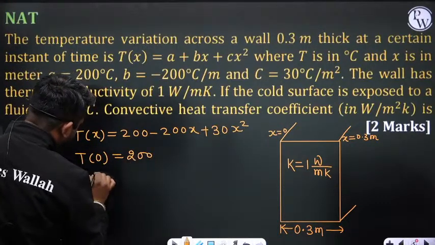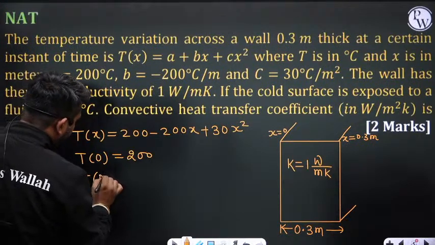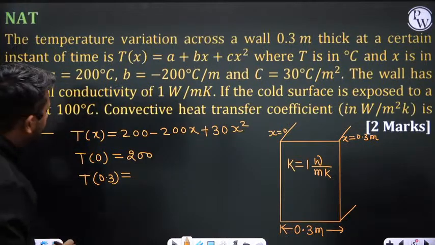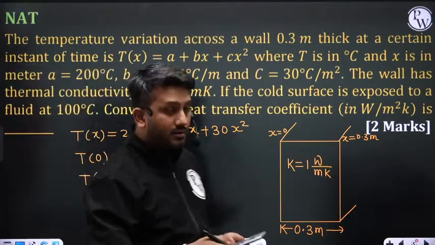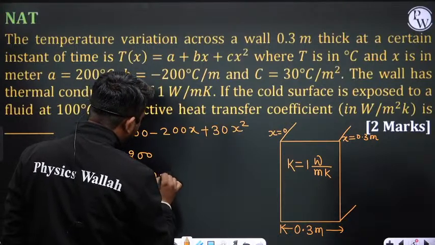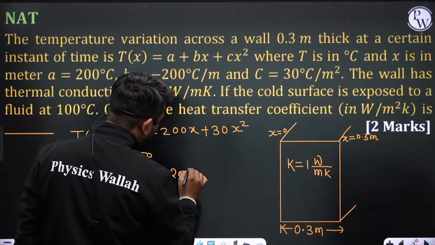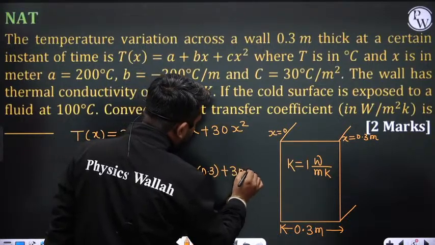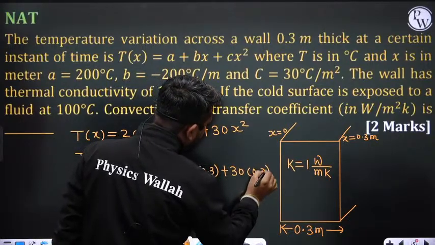And if I ask you what is T of 0.3, put the value of x is equal to 0.3. So this is 200 minus 200 into 0.3 plus 30 into 0.3 square.